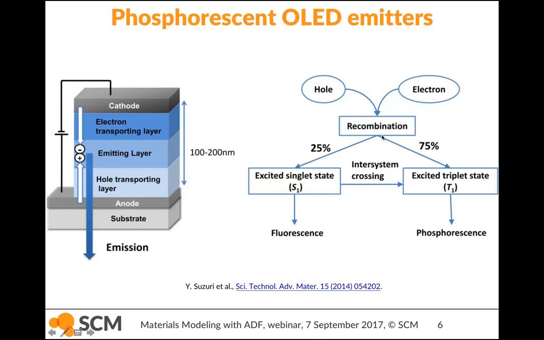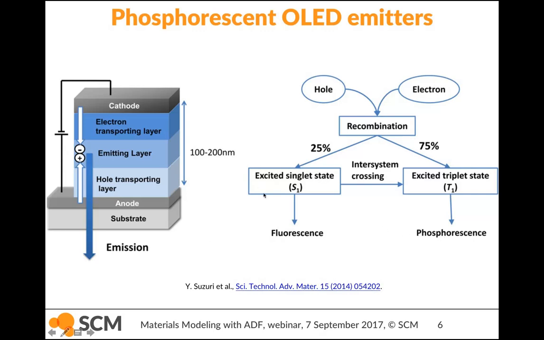They recombine in an exciton, and by spin statistics, if you have two electrons finding each other, 25% of those excitons will be in a singlet state where the electrons are paired up, and 3/4 will be in a triplet state. And classically, or let's say non-relativistically, this triplet state is not allowed to relax into the ground state by emitting a photon. So this is strongly forbidden in a non-relativistic picture.